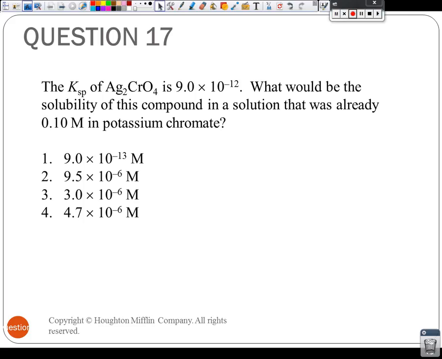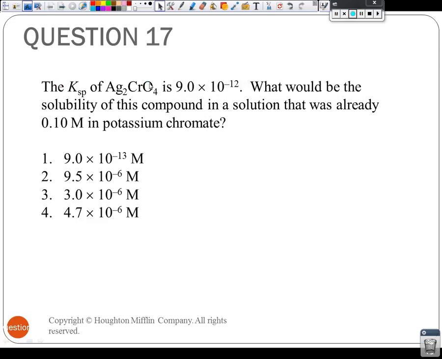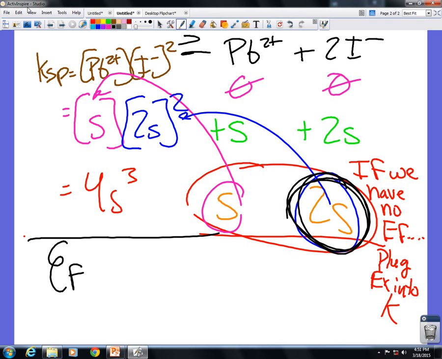As soon as you're not mixing it with water, that little cheat method goes out the window. Okay? So what is this when they say potassium? It is a common ion. Okay? So we now know that potassium chromate is the common ion. So I do want you to do this one because it's going to make everything make a lot more sense. So let's go back and let's do a Rice table for this.